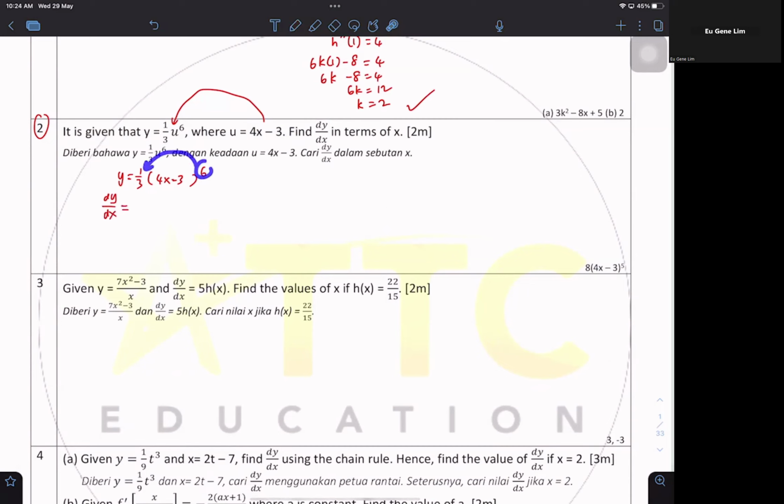Power times in front. 6 times 1 over 3. You can press calculator. 6 times 1 over 3 is 2. And then power minus 1. Then because it is chain rule, you have to add another bracket, and then you go and differentiate the inside.